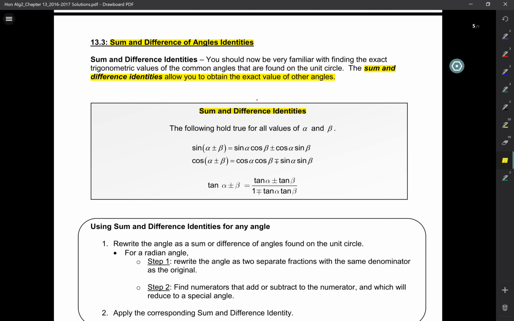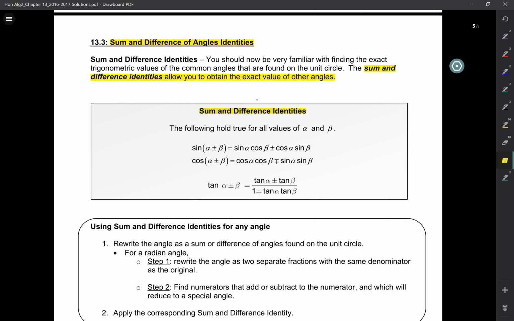If it was sine alpha minus beta, then it would be sine cosine minus cosine sine. With a cosine, if it's cosine alpha plus beta, then you have cosine cosine minus sine sine. And if you have cosine of alpha minus beta, then this is a plus.